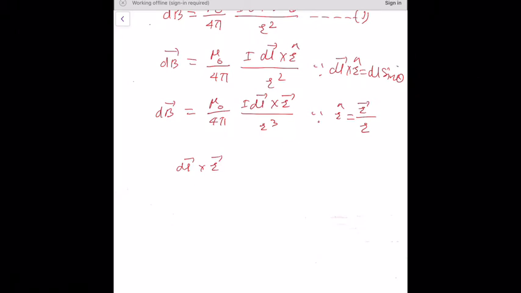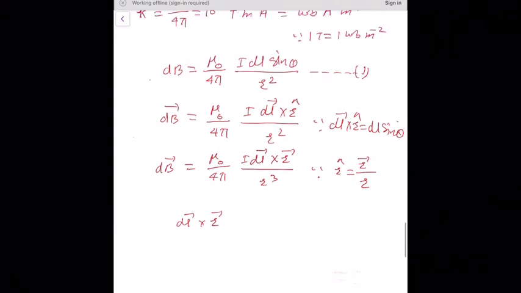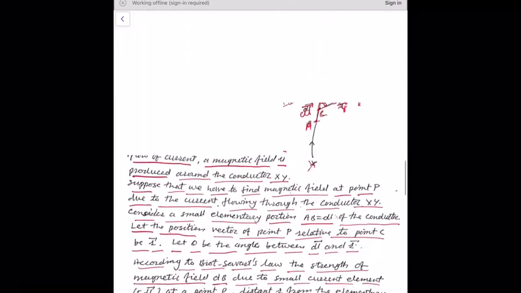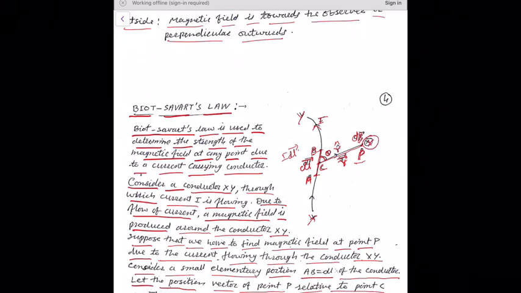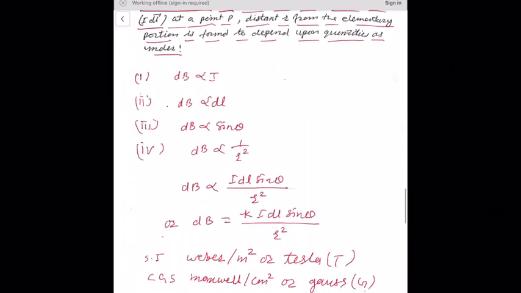Here in the figure at point P, the direction of dB vector is perpendicular to the plane containing dl vector and r vector and is directed into the plane of the paper and represented by a cross. Here in the diagram at P, the magnetic field is represented with a cross. Clear?